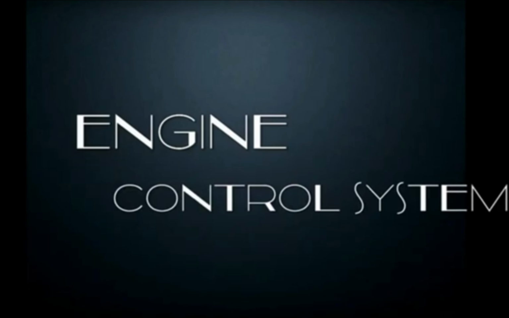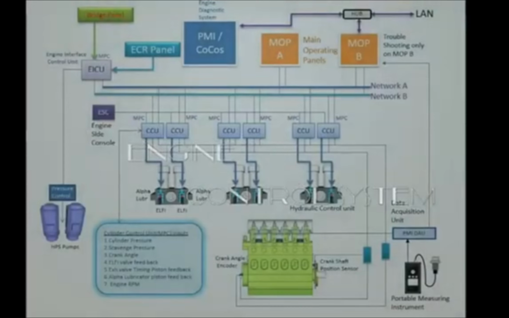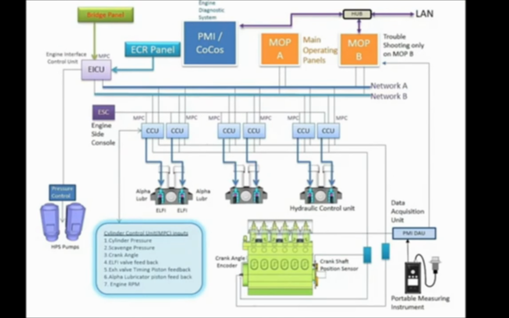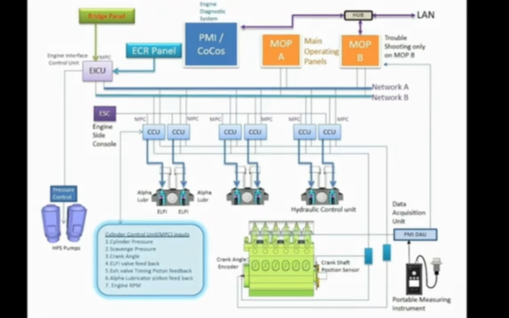Next is the engine control system. This slide shows the actual setup of MEB engines. Each unit is controlled by a cylinder control unit, which gives the exact timing of fuel injection and exhaust valve operations, and gets feedback from the engine RPM through the crank angle encoder, and also the actual position of the crank, so that the timing of fuel injections can easily be achieved.